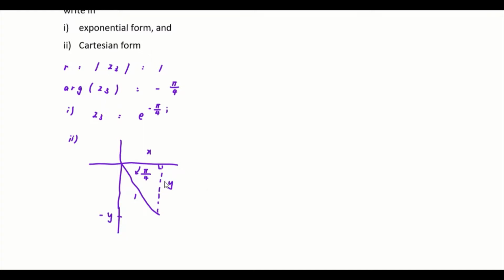When we get the x and y, we will actually get positive numbers. Then based on our coordinate here, we change y to negative. Same thing, we start with cos. Cos pi over 4 is equal to adjacent over hypotenuse, so x over 1, which means x is equal to square root 2 over 2.